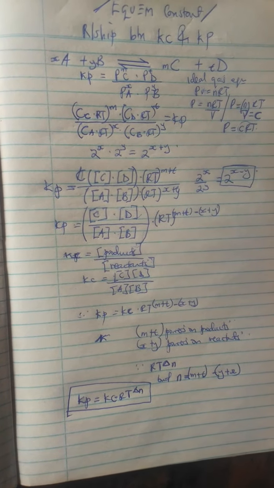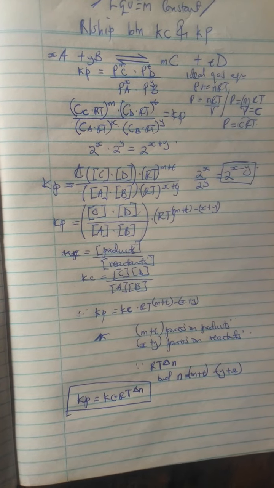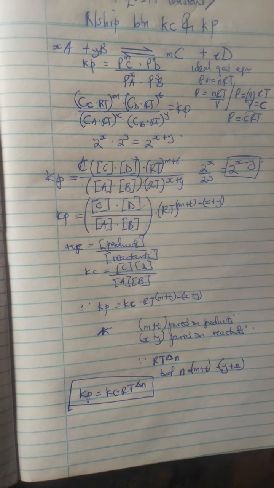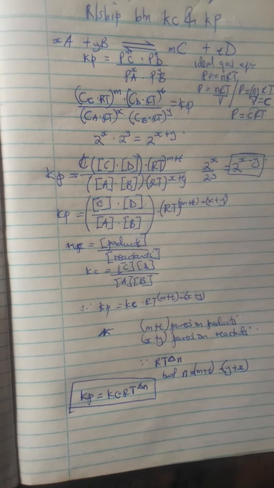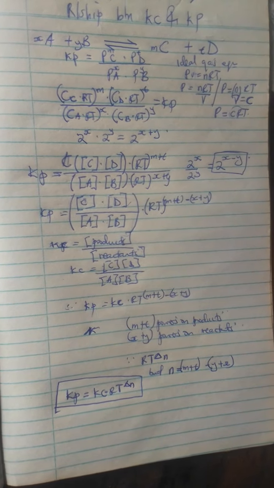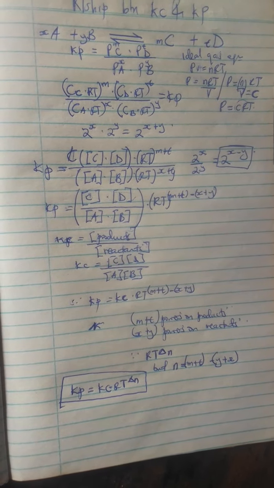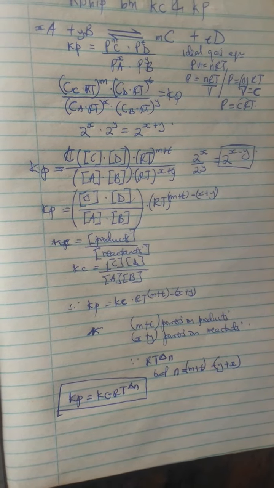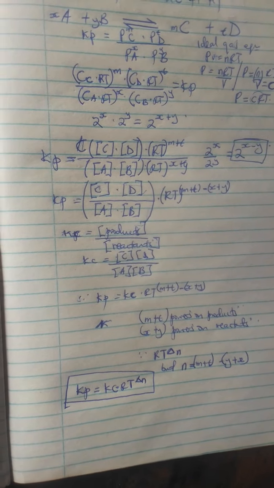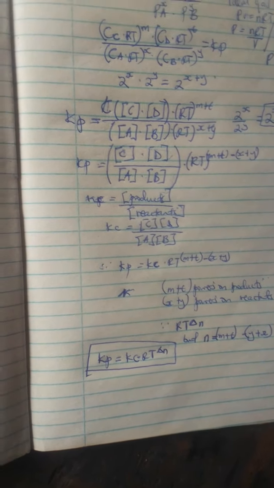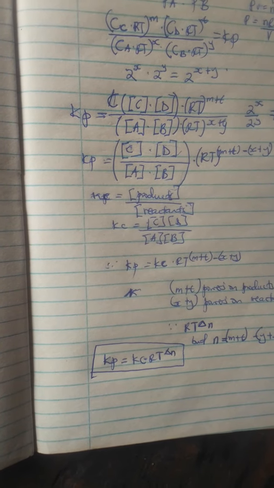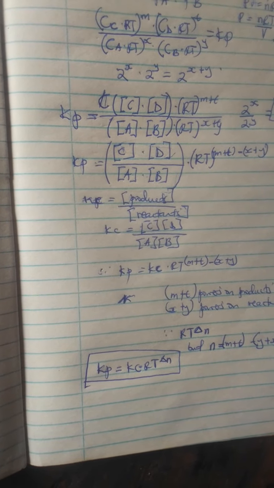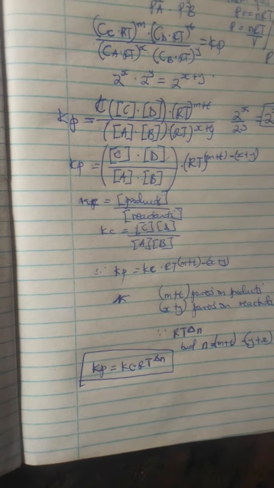From the ideal gas equation PV equals nRT, making P the subject, P is equal to nRT out of V. Remember, n out of V is equal to concentration, so we substitute concentration for n out of V. P equals CRT, so we substitute CRT in place of partial pressure. By introducing the rules of indices, you will have that result.